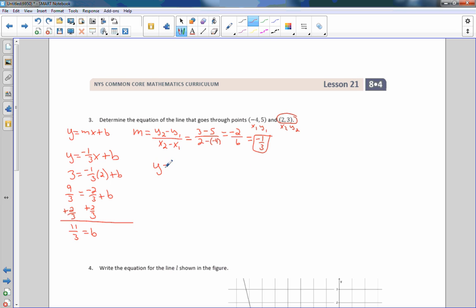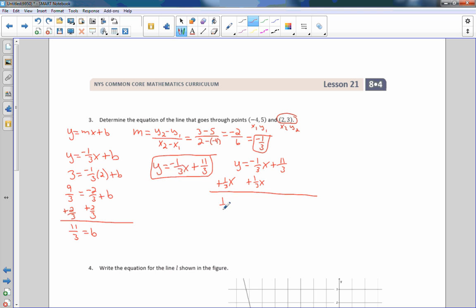So my equation now is y equals mx plus b. Rewrite that: y equals negative 1/3 x plus b, 11/3. Move this over to put it in standard form by adding 1/3 x to both sides.